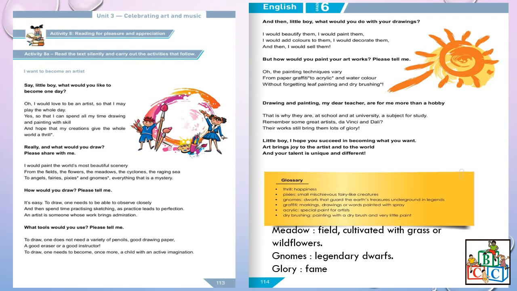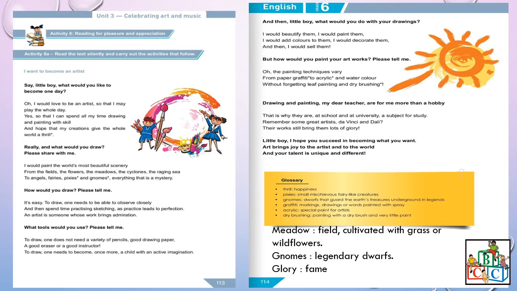Art brings joy to the artist and to the world, and your talent is unique and different. So you can see the boy is very ambitious. He wants to become an artist, okay, he's sharing his views. Okay, so he also tells you that practice leads to perfection.